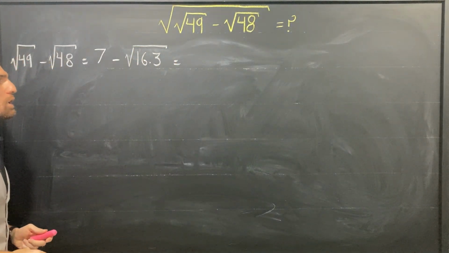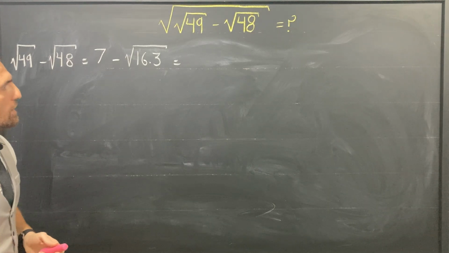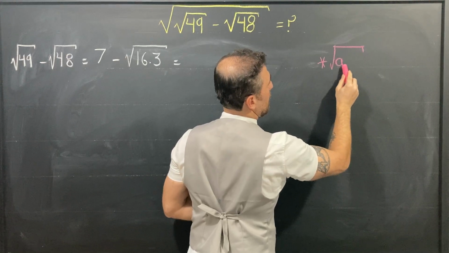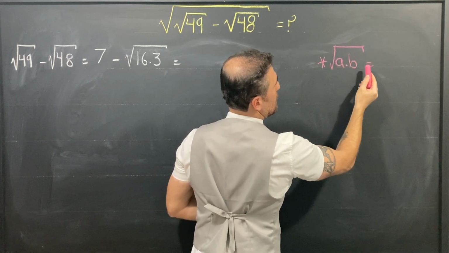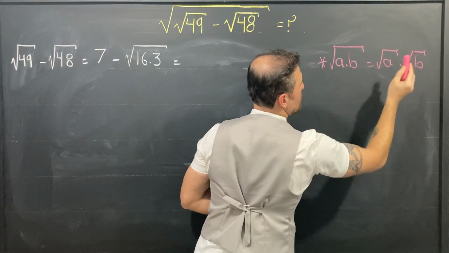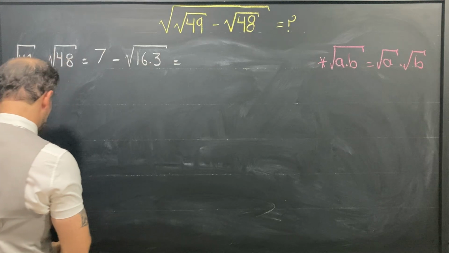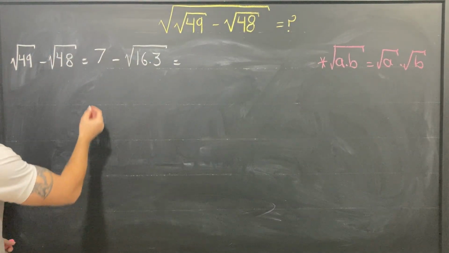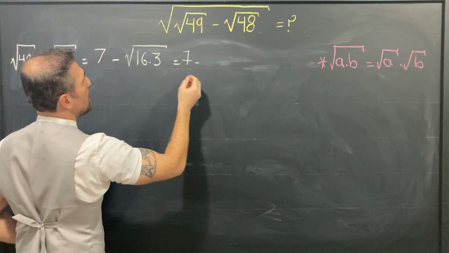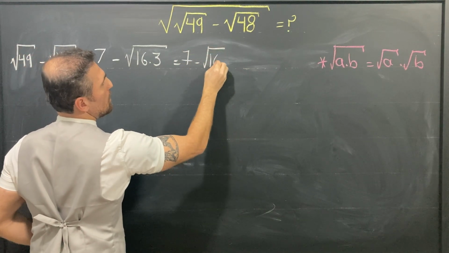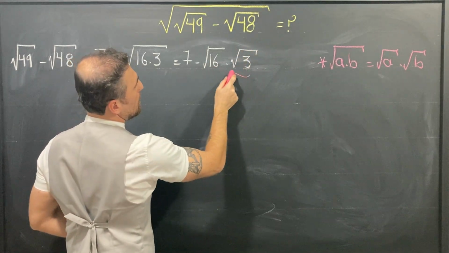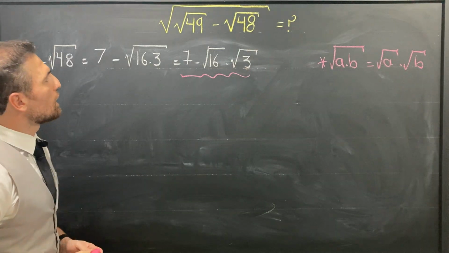Now to continue the solution, I'm going to get help from a rule that says square root of A times B is going to be square root of A times square root of B. Right. Now I'm going to get help to continue the solution. 7 minus square root of 16 times 3 is going to be 7 minus square root of 16 times square root of 3. Until here, we did it well, but it is really easy.